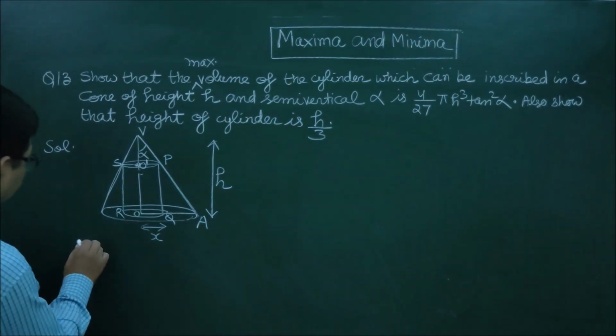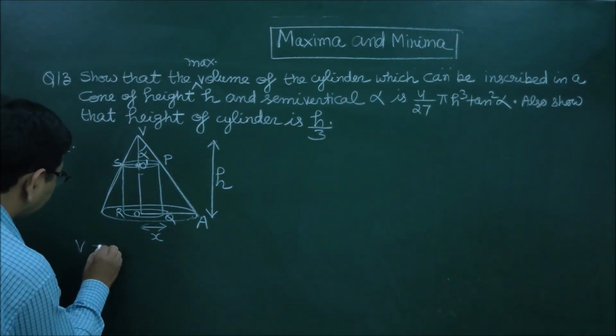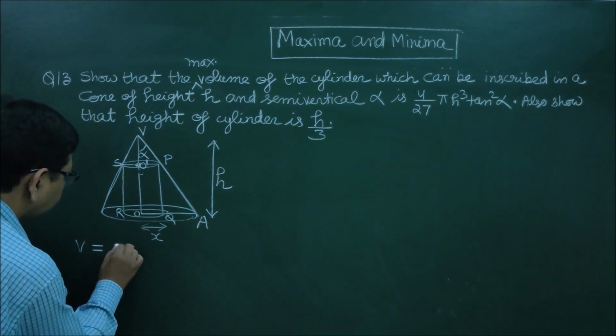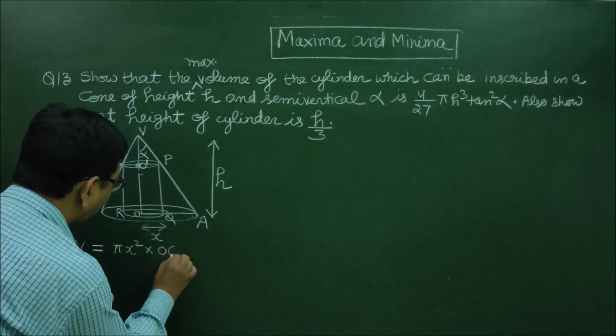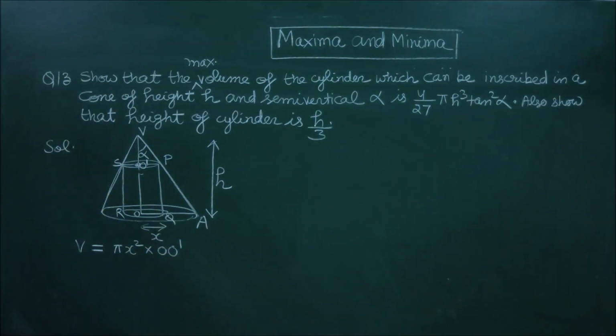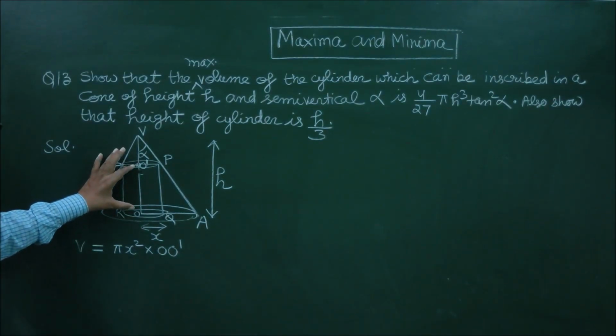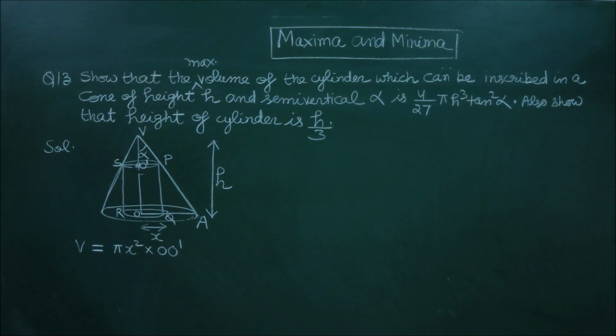Now the volume of the cylinder V will be equal to pi x square into OO dash, using the formula volume of the cylinder is pi r square h. So we need to find the height OO dash of the cylinder.